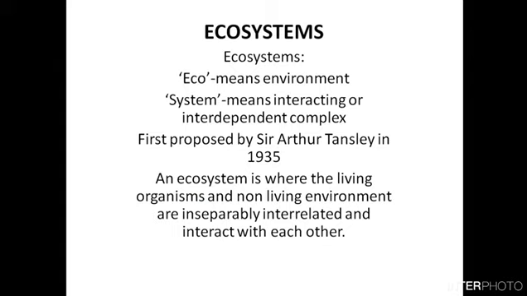That means they are connected with each other, and at the same time they interact with each other. Inseparable means that one cannot live without the other, especially the living organisms cannot live without the non-living part of the environment.